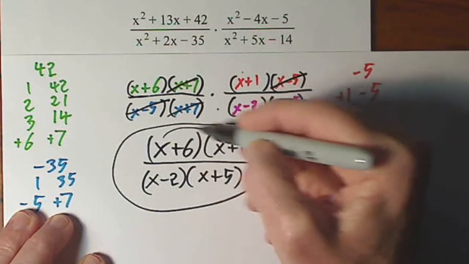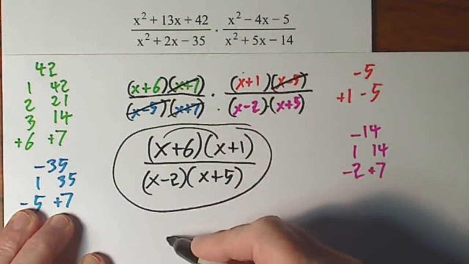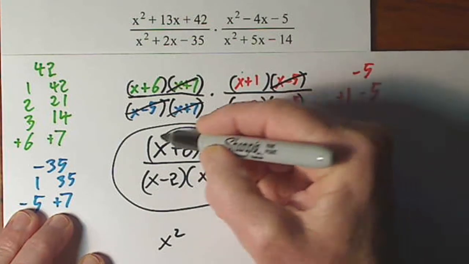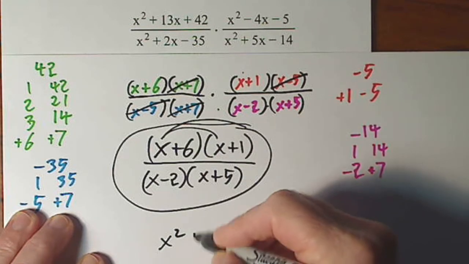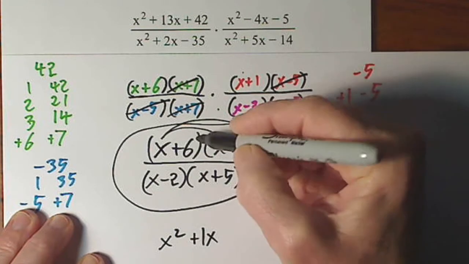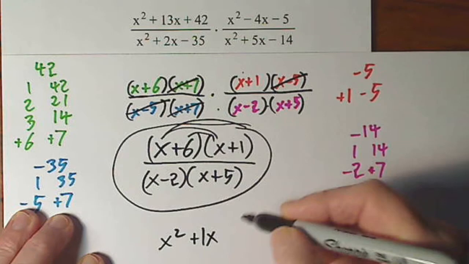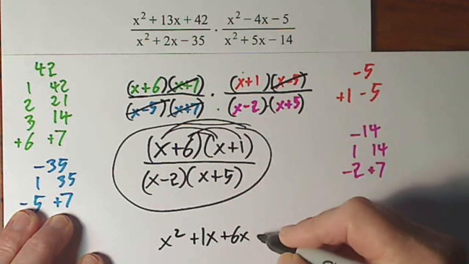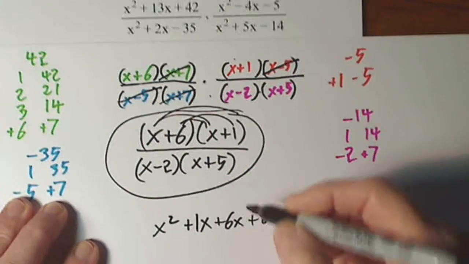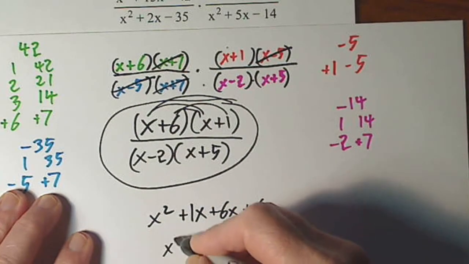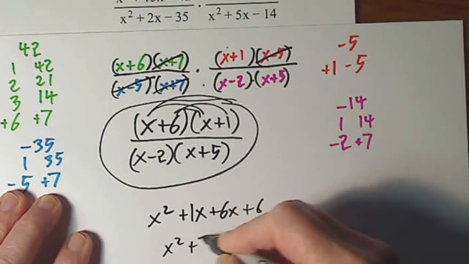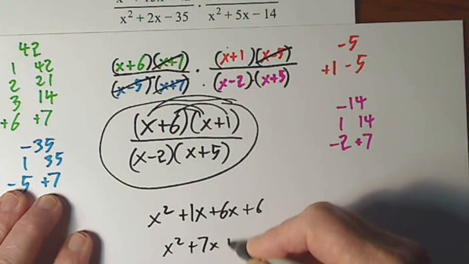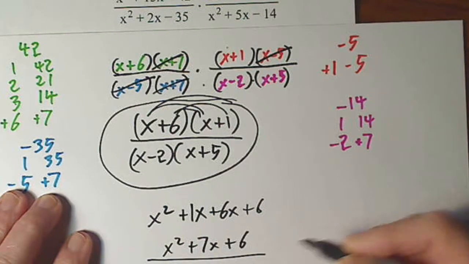So x times x will be x squared plus 1x plus 6x plus 6. So for your numerator, you would get x squared plus 7x plus 6.